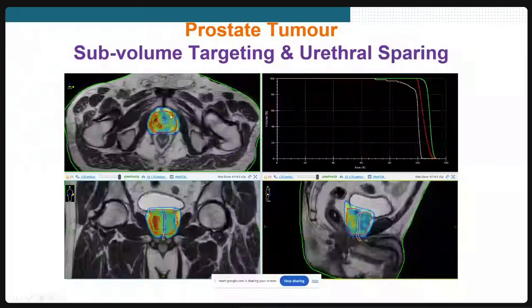This is definitely very nice because it can help the patient have better tumor control of the intraprostatic lesion, and also a better quality of life by reducing the dose to the urethra and the penile bulb. All these things matter a lot because it can really add value to the patient.